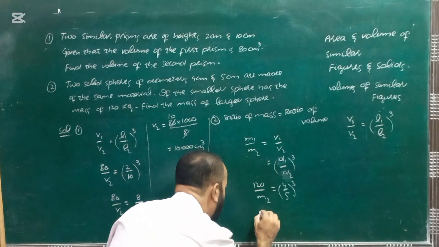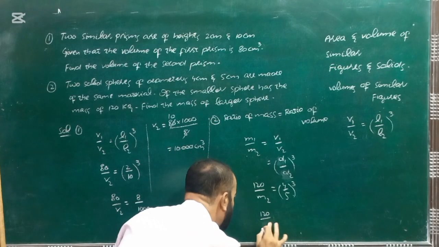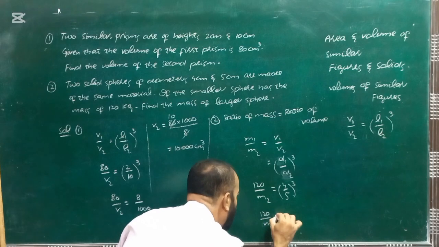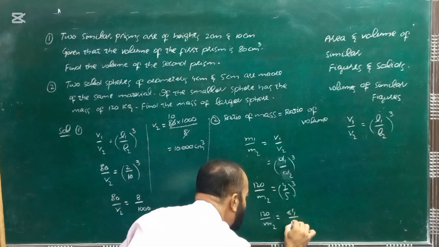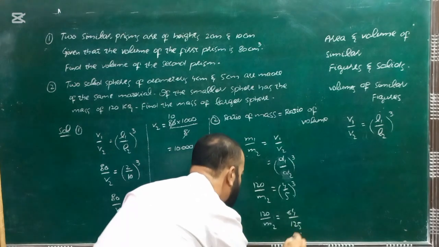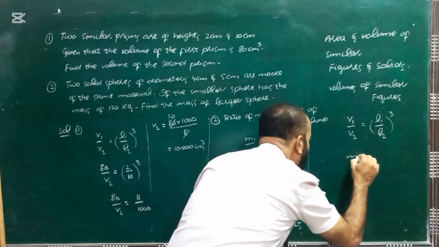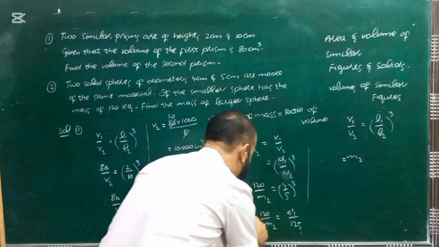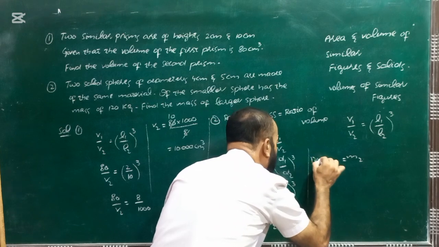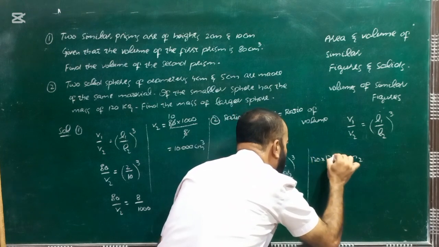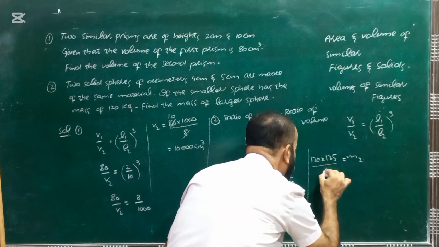So from here 120 over M2 equal to 4's cube is 64 and 5's cube is 125. Cross multiplying the values. So M2 will go there and these two values will come to the left. So 120 into 125 and 64 will come to the denominator.